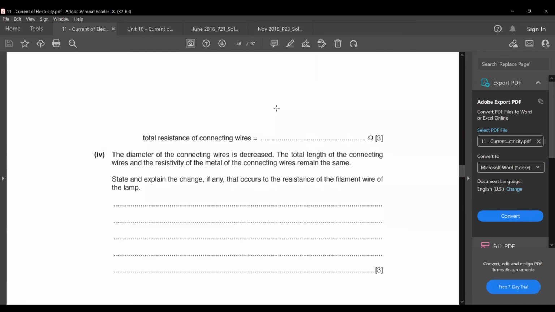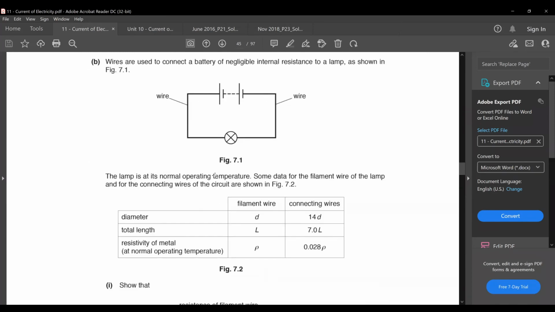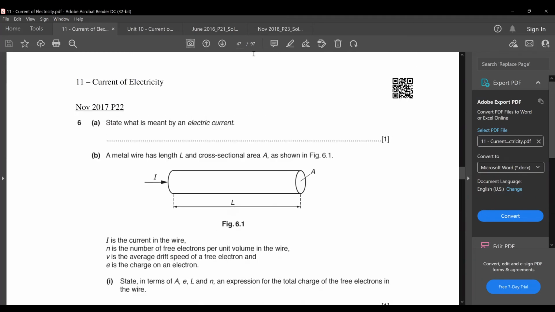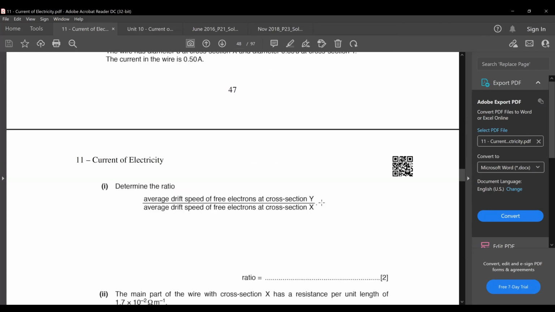Now let me just see some stuff. This one seems pretty hard. 45, let me just see. It's either 45 or 47.